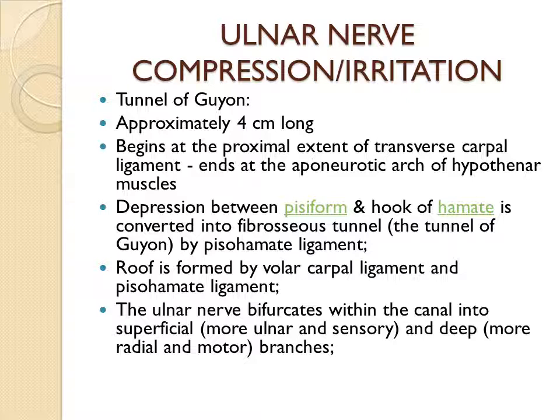And if you feel your own pisiform bone, you'll note that there's a depression between the pisiform bone and the hook of the hamate bone. And this creates a fibroosseous tunnel that's covered across the top by the pisohamate ligament. Pisohamate ligament. So picture that.